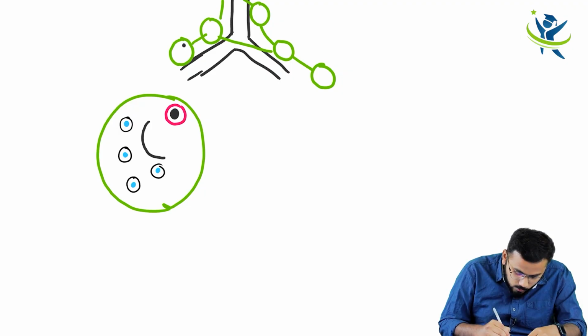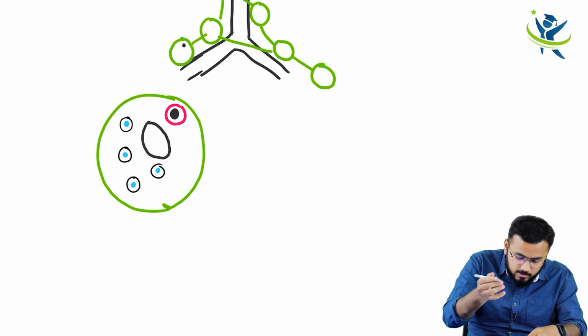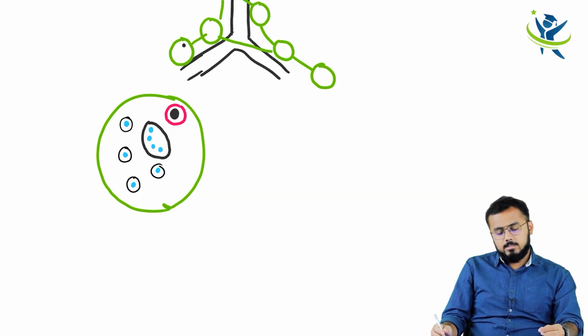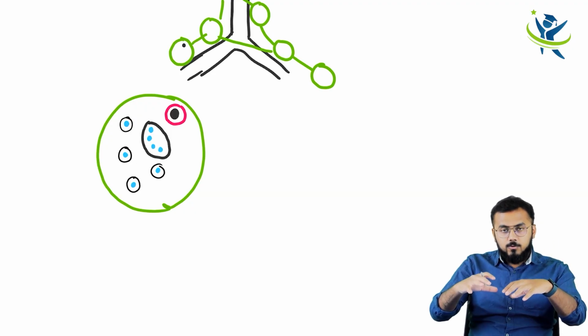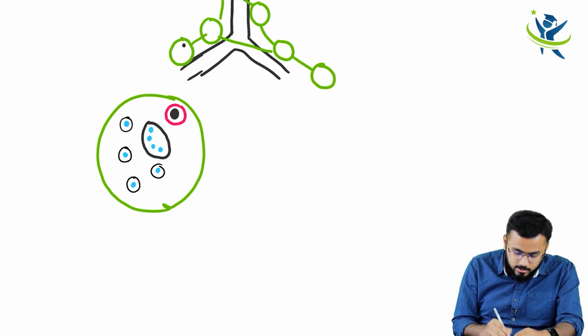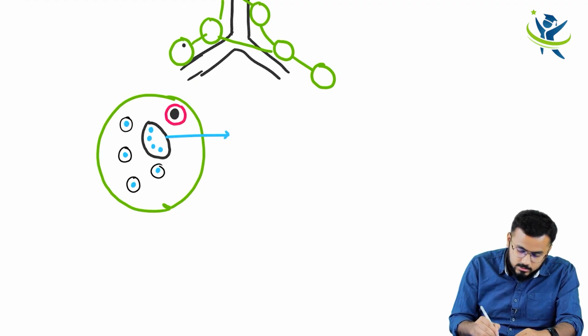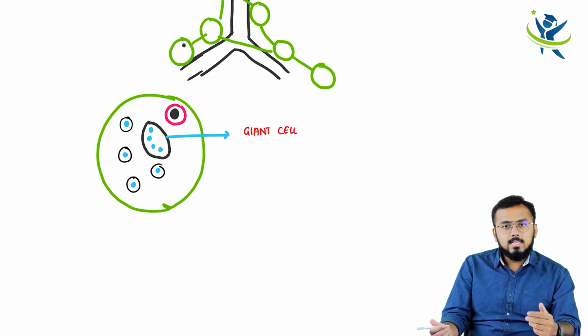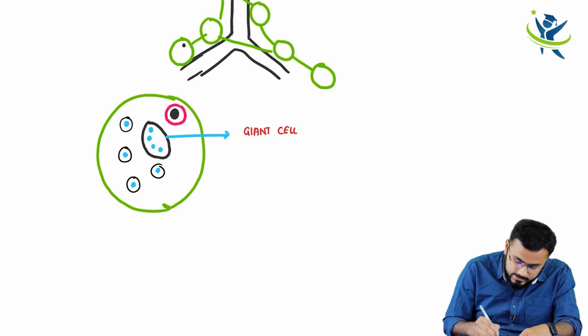Yeah, so this is how the entire unit looks, and when all the lymph nodes unite together, all the nuclei are at one place. And now all of them join together to form a single giant cell, right? So this is also called a giant cell. The other name for this is Warthin-Finkeldey cell.